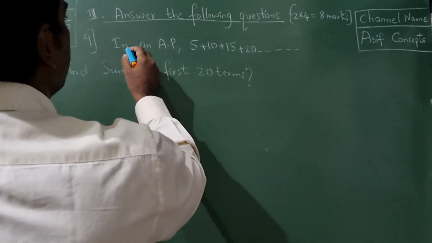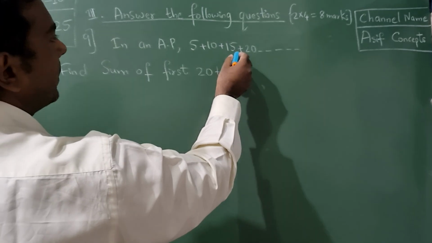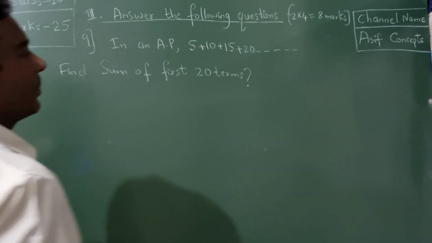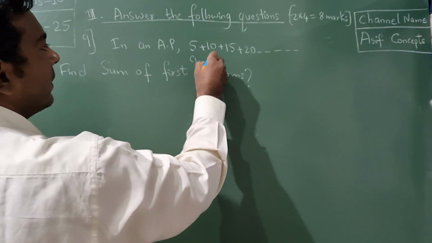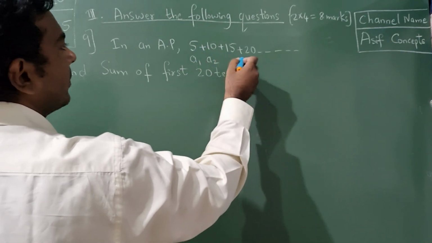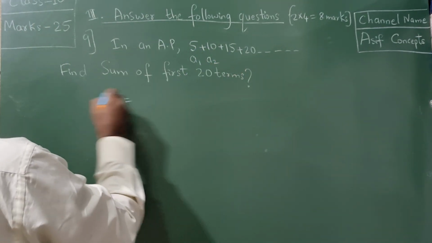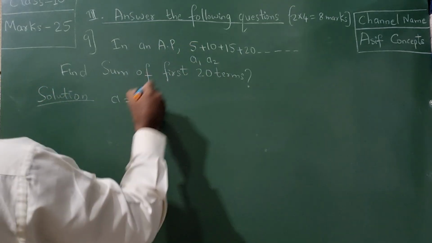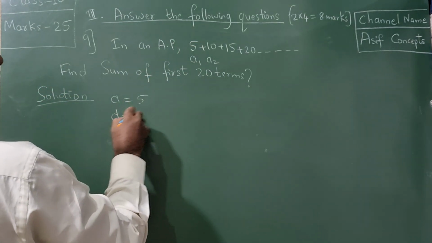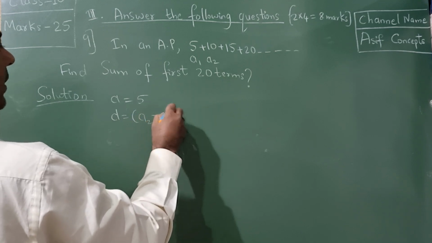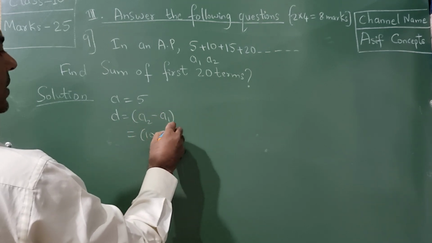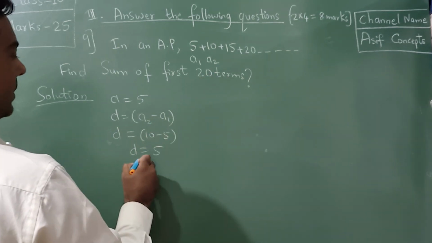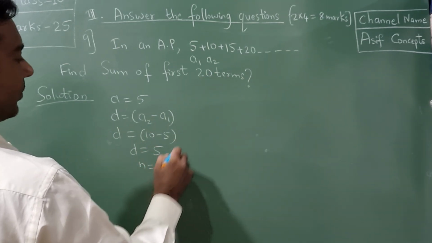Now 9th question is, in an AP 5 plus 10 plus 15 plus 20 and so on, find the sum of first 20 terms. So this is A1, A2. Okay. Now first term is 5. Common difference is A2 minus A1. So that is 10 minus 5 is 5 and n is 20.